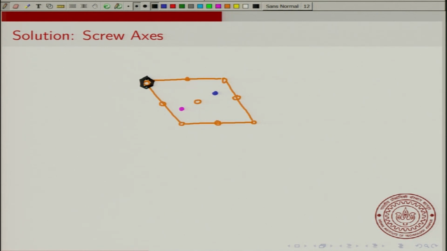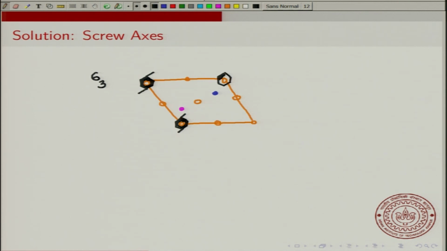And we want to emphasize that there is also an inversion center here in addition to the 6-fold screw axis. So, we will draw it this way, and similarly it will be at all these corners. So, this is a 6-3 axis, 6-3 screw axis.